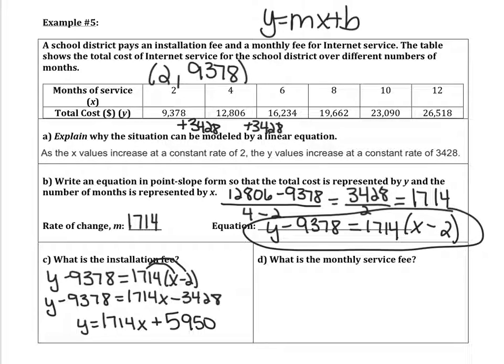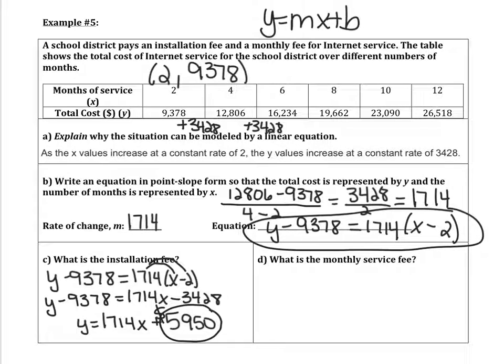So our b value is this 5,950. So our installation fee is this number right here. So the installation fee for the school to have this internet service was 5,950, and it would be dollars.